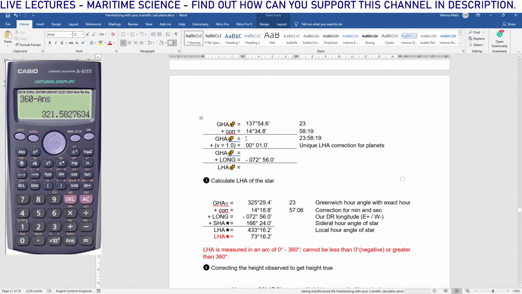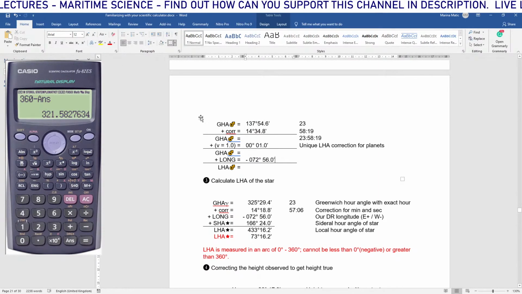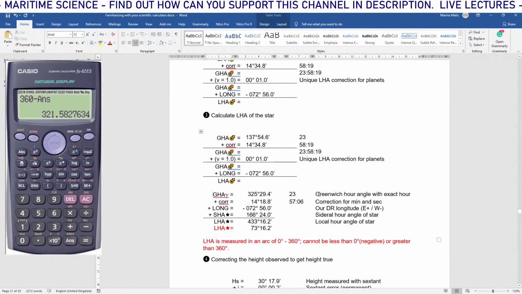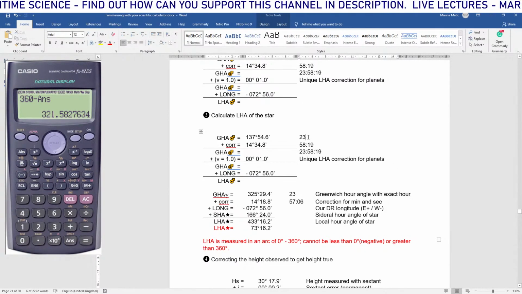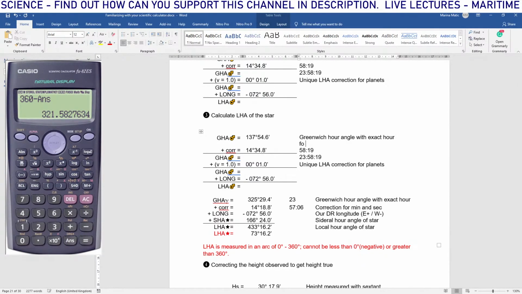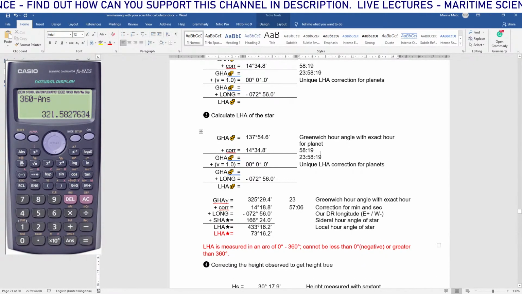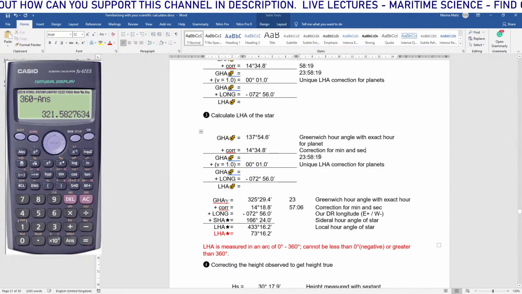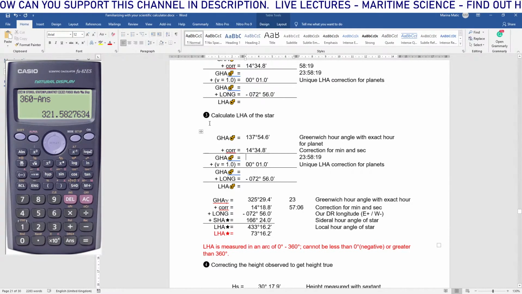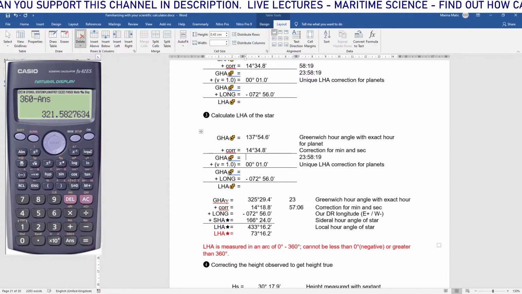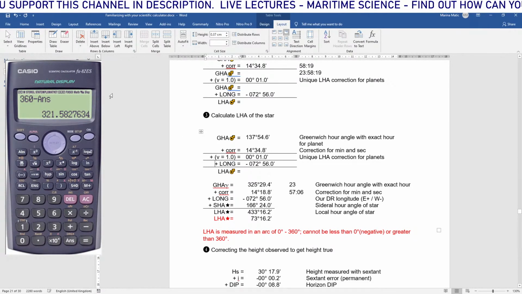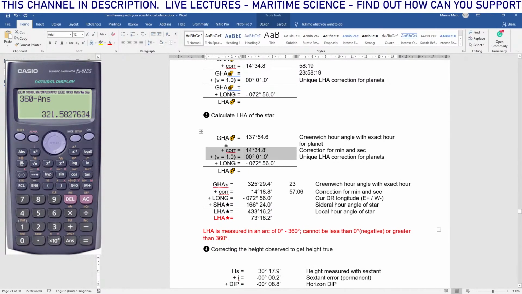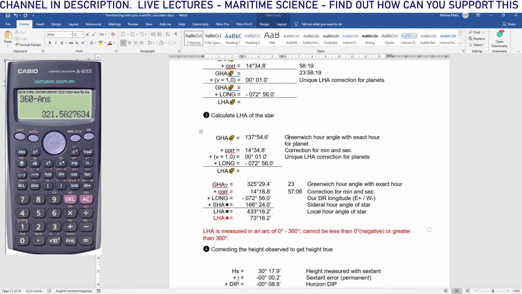So once again we have this option where we're going to take everything step by step, or I can copy this, paste it here, and then Greenwich hour angle for exact hour for planet, correction for minutes and seconds, and this is, let's delete this one, layout, delete this row and delete this row because we do not need the sums in between, and let's remove the border, and let's get this into one row.